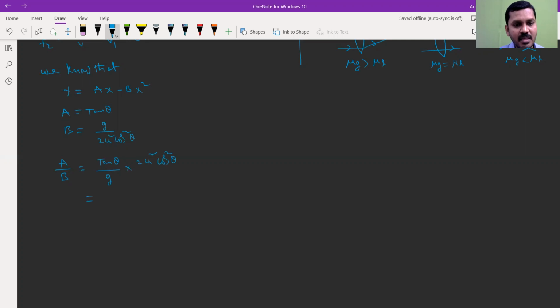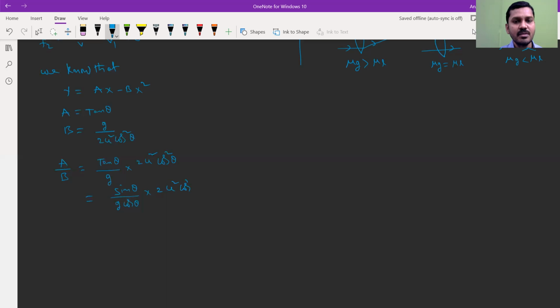But here tan theta = sin theta/cos theta, so we get sin theta/cos theta multiplied by 2u² cos² theta divided by g.